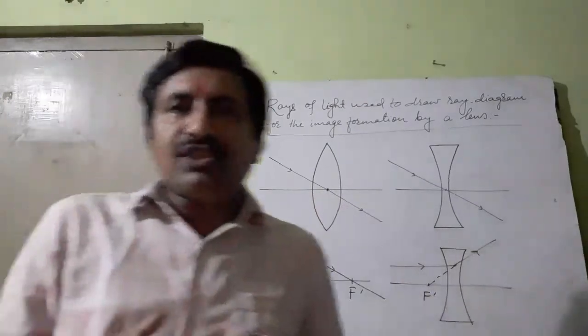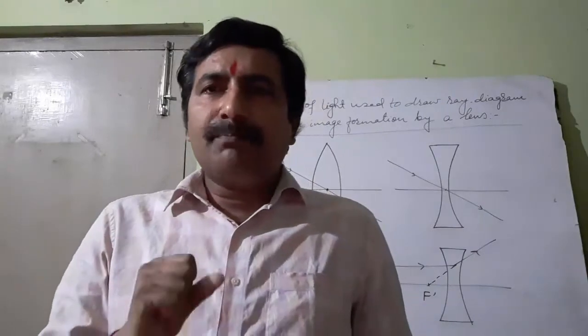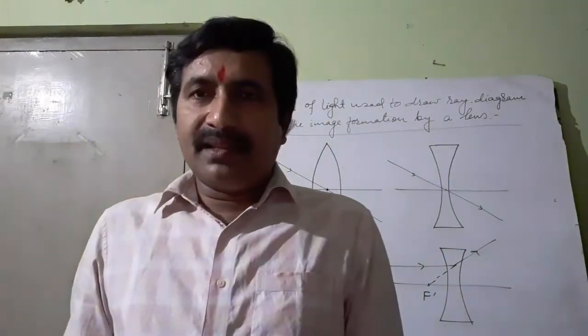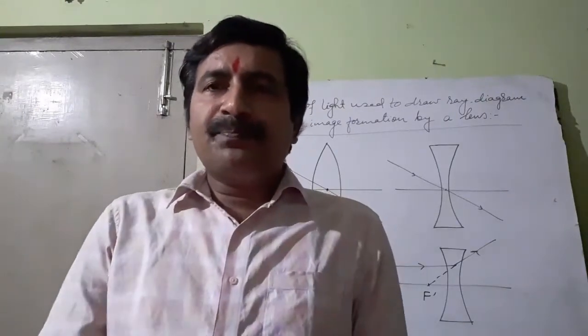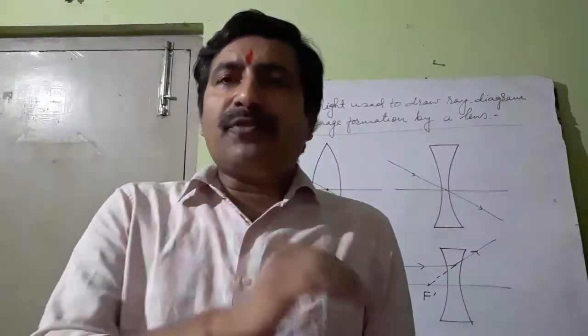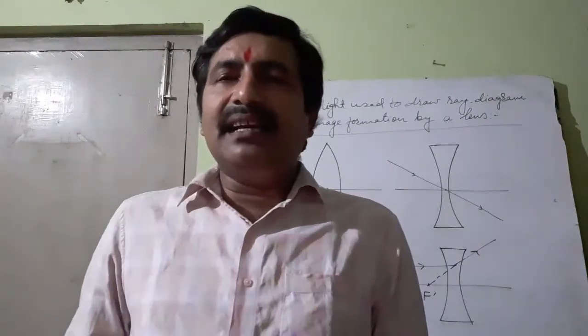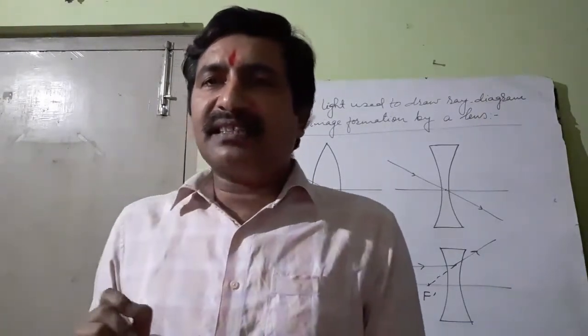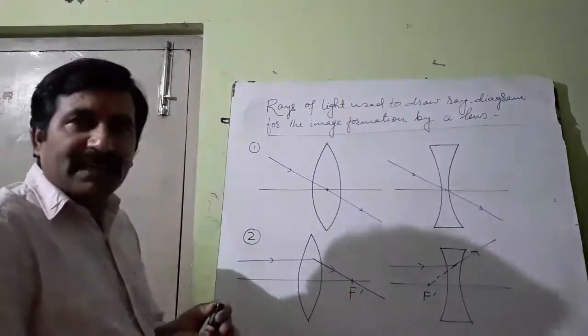Because the intensity of light at the focus of the convex lens becomes very, very high, and that causes a heating effect, which is the cause of burn. Means the fire can be there and paper pieces can start burning. Okay, so this is the second property.